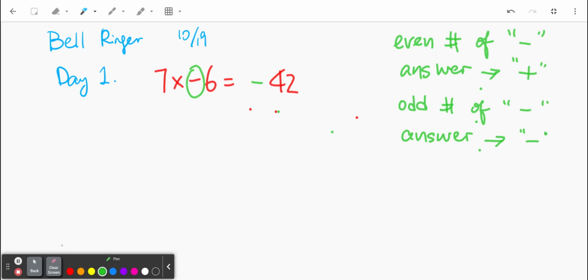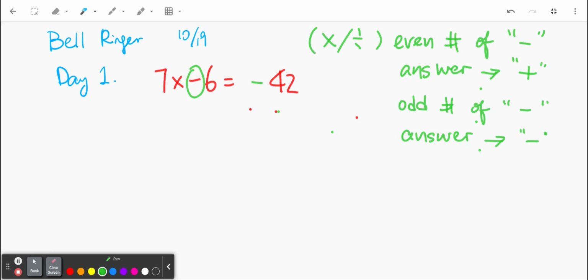When you have multiplication and division, even number of negative sign give you a positive answer, and odd number of negative sign give you a negative answer. So question number 5, 7 times -6.